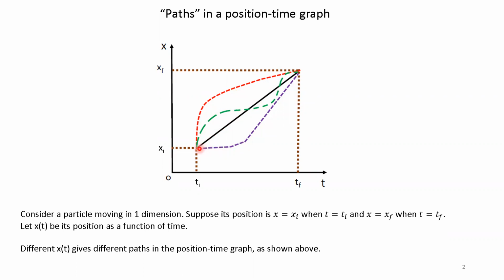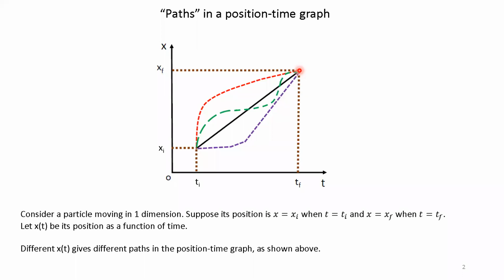For example, if I pick this straight black line, that means my particle is moving at a constant velocity all the way along. If I pick this purple path, that means initially the particle is moving very slowly, and then it accelerates and moves at a very fast velocity until it arrives at the end point.